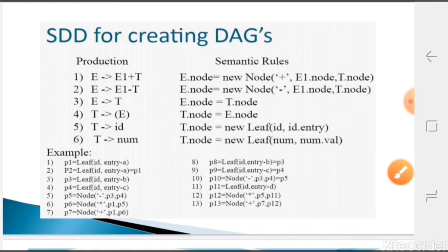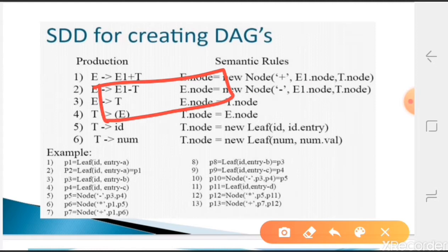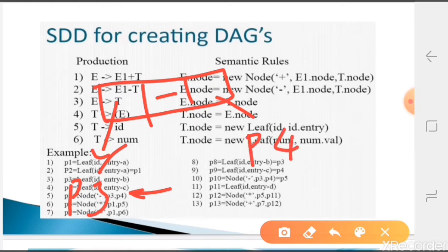Here it will always be created like a linked list, a tree using a linked list. Suppose I consider this one as a node, the fifth one, p5. Here the operator is minus, so it refers to p3 and it refers to p4.